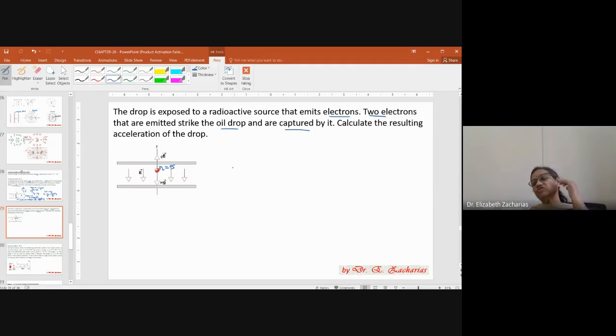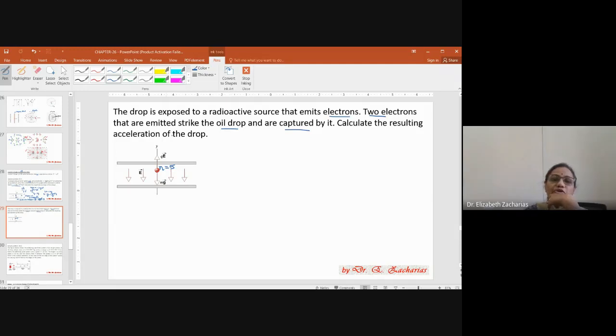Now will it be balanced? First it was balancing because 3 electrons experienced a force in the upward direction. Now there are 5 electrons.